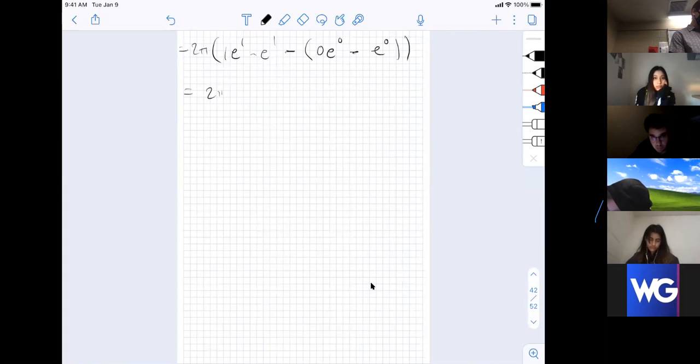Well, this is 2 pi times e to the 1 minus e to the 1, which cancels. 0 times e to the 0 is 0. So minus e to the 0 is plus e to the 0. And what is e to the 0? 1, exactly right. So 2 pi times 1 is what this simplifies to.